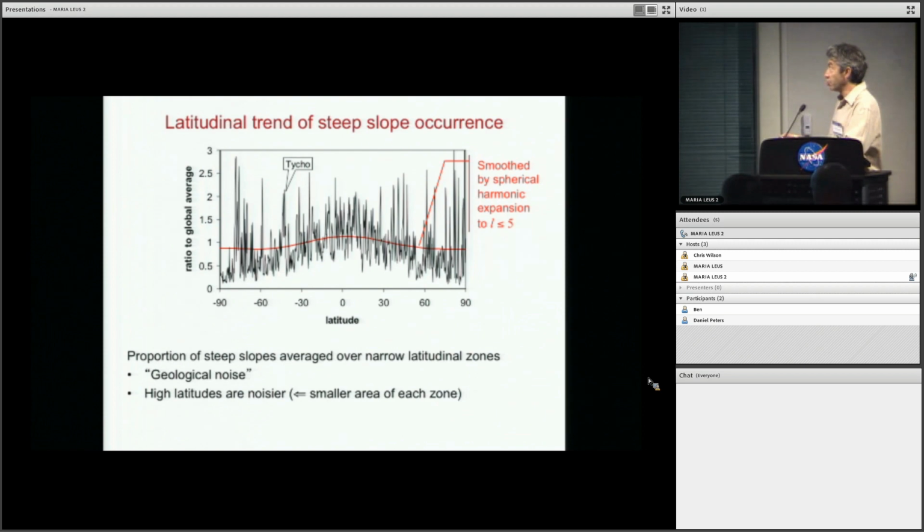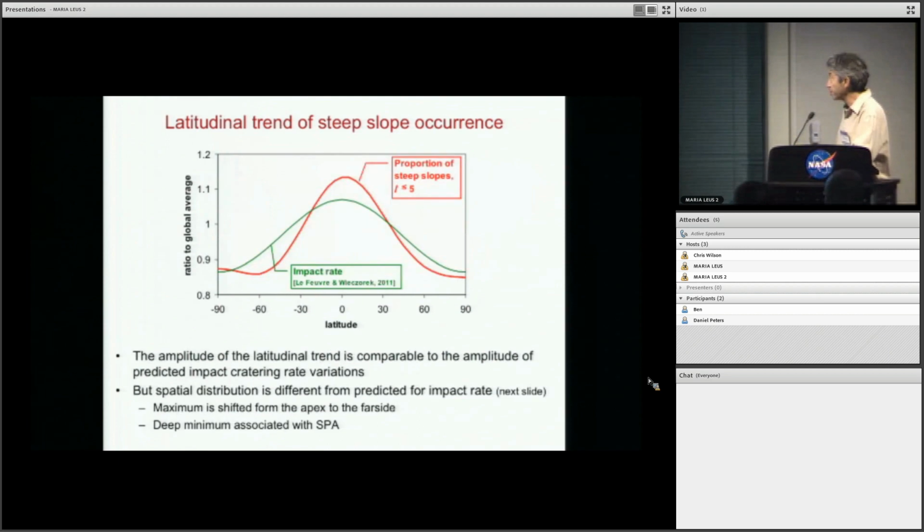This is proportion of steep slopes among all slopes normalized to global average. Why can this happen? Our explanation is that probably it can be related to rate of formation of young craters.